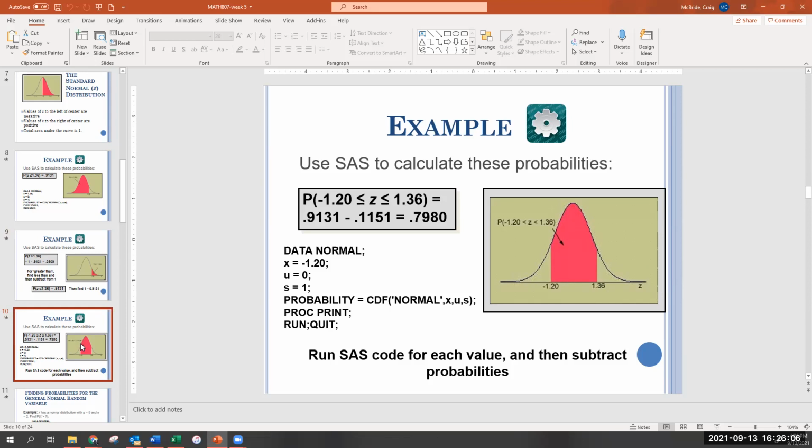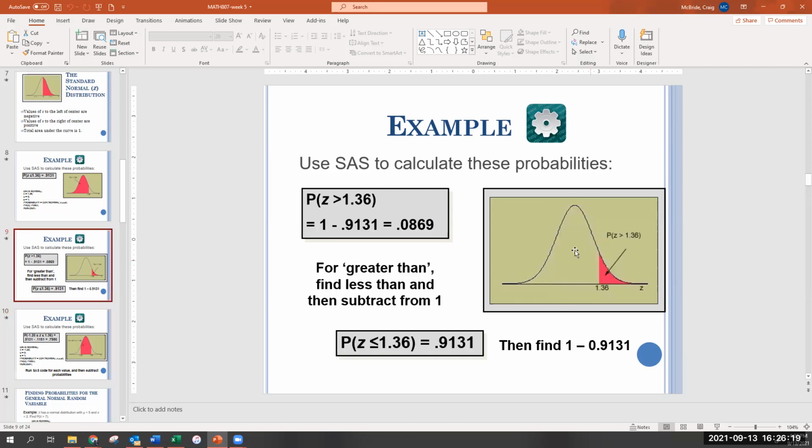Questions on any of that? So with this one, we don't have to subtract from the 1? Well, in this example, no, you don't subtract from 1. You only subtract from 1 when you want to do a greater than, because remember the whole thing adds up to 1. The CDF always gives you area to the left, and since the total area is 1, if you want area to the right, that's why we subtract from 1.